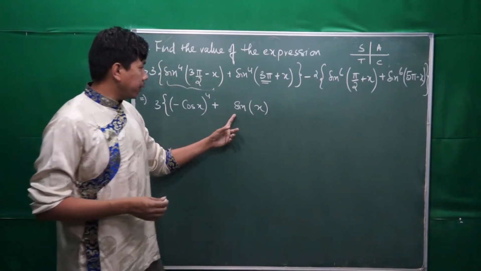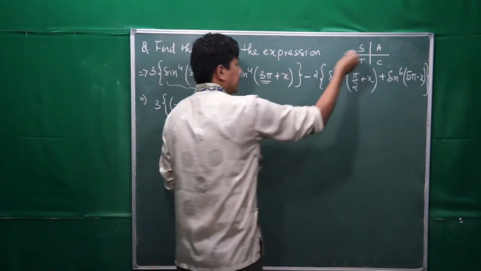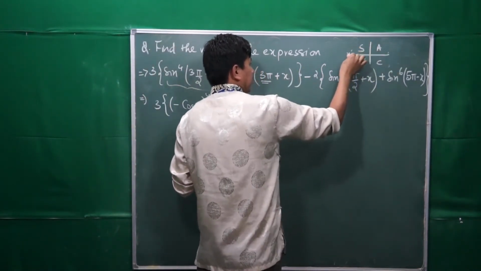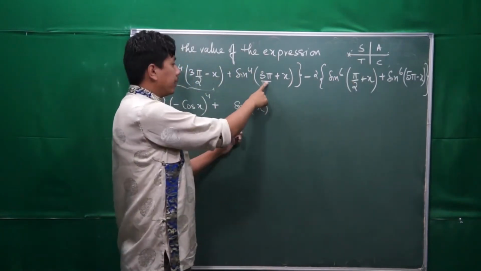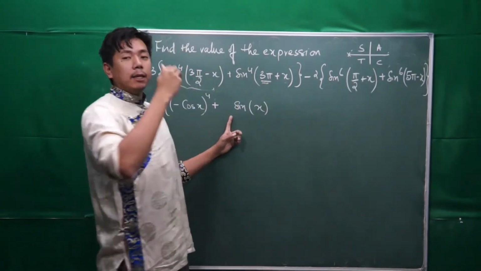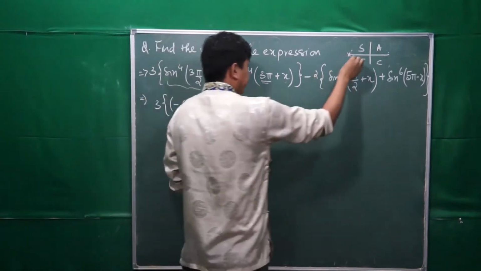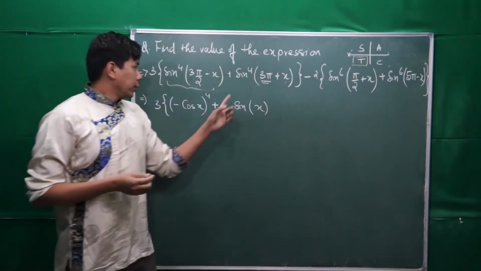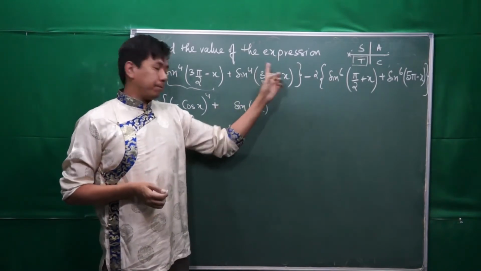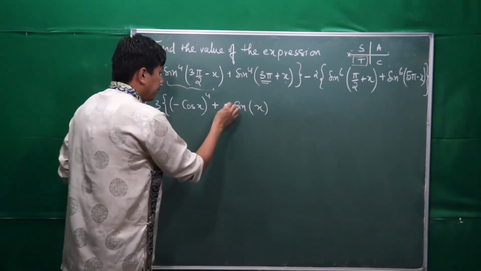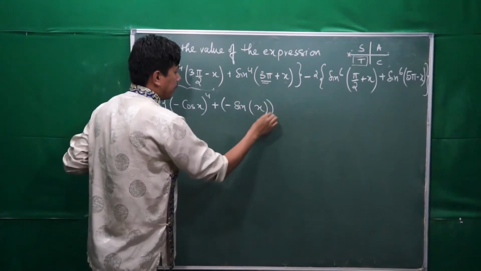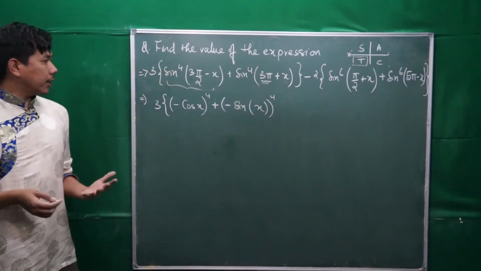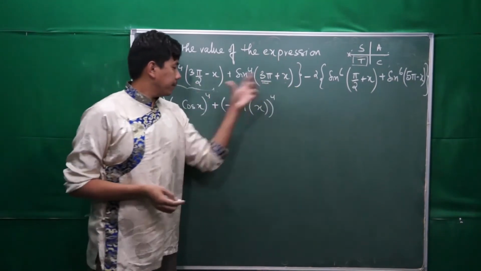Is it positive or is it negative? 3 pi means pi 1 time, 2 time and 3 time. This is the point 3 pi. Now what is being added? A certain value x. Therefore it comes in this region, again in the third quadrant. So sine to the power 4 (3 pi plus x) will be written as minus sine x to the power 4. Now that is your first part.